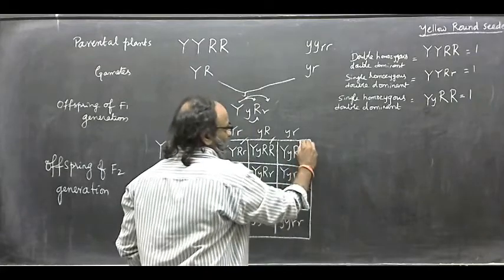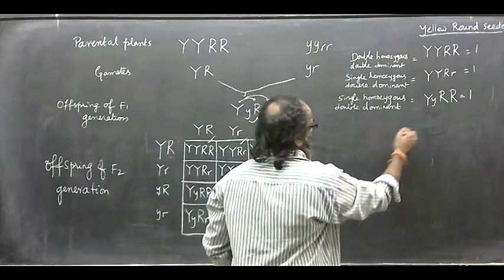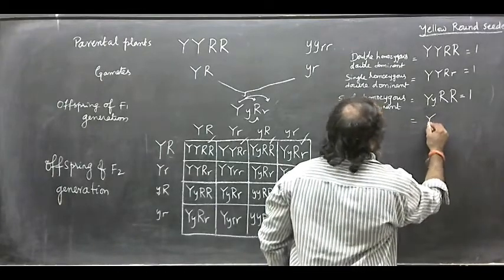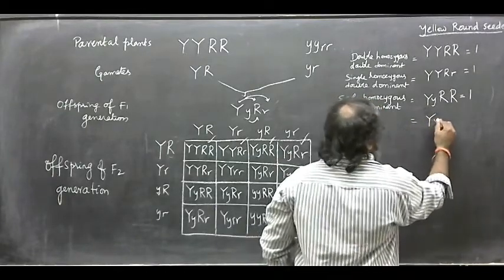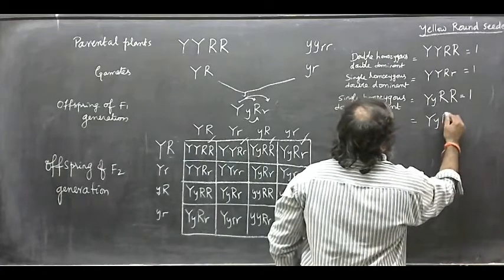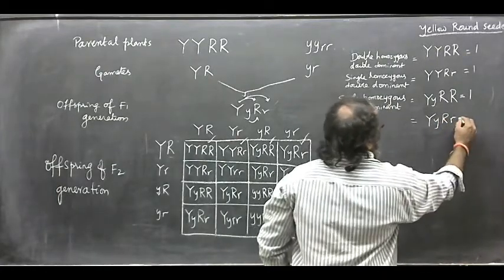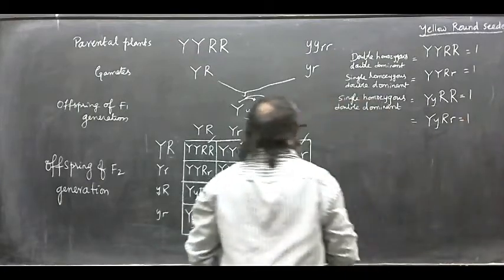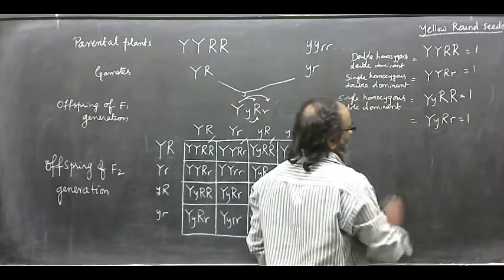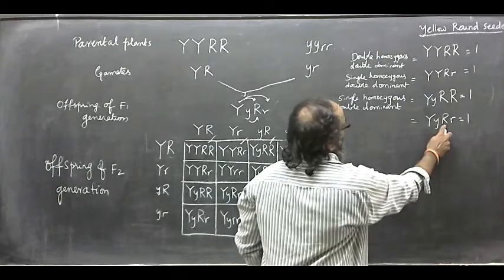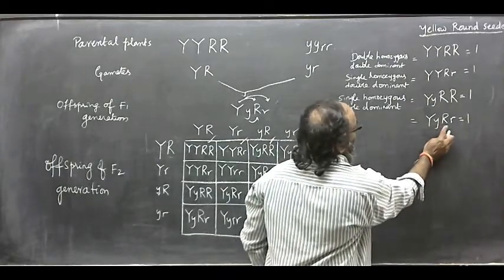Now the fourth case is capital Y, small y, capital R, small r. How are you going to read this? It is double dominant.